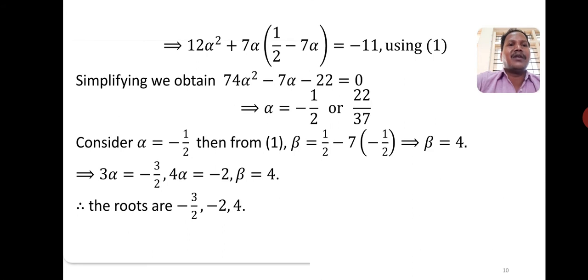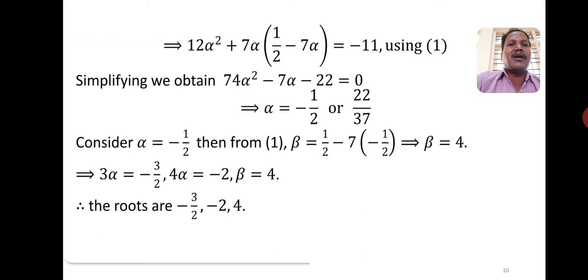Now we will take the substitution of beta by using equation 1, it takes this form. After the simplification of the above equation, by taking the LCM as 2 and summing the like powers, it becomes 74 alpha square minus 7 alpha minus 22 equals 0. Therefore alpha equals minus 1 by 2 or 22 by 37.